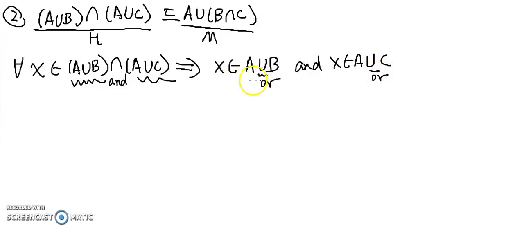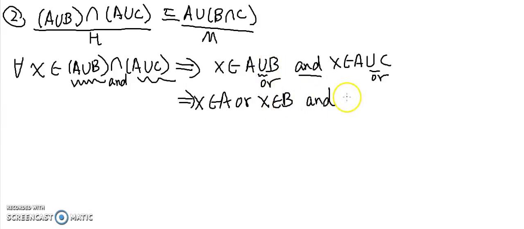I noticed that here, and means both will happen, not only this, but also that. So these two shouldn't be two cases, but inside the first condition, we will have two cases. So we get X is in A or X is in B. So union is replaced with the word or. And X is in A or X is in C.